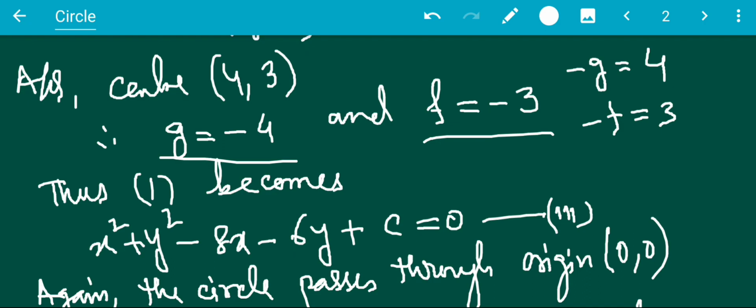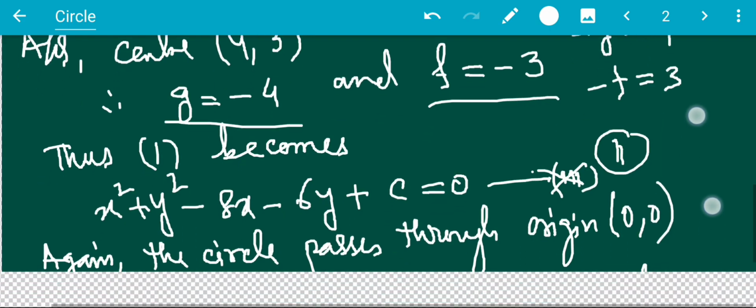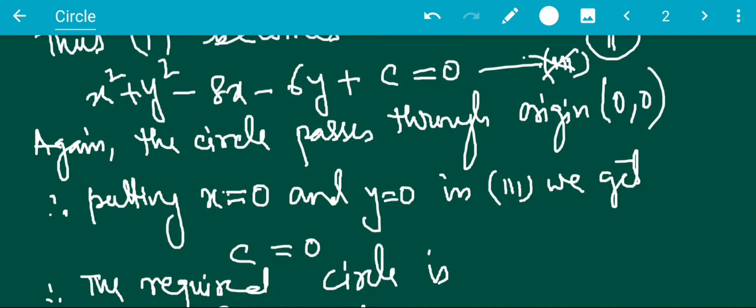So putting the value of f and g, we can see that equation 1 becomes x square plus y square minus 8x minus 6y plus c equal to 0. This is equation 2. Now our circle passes through the origin.